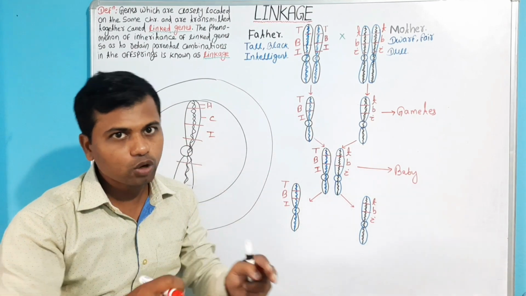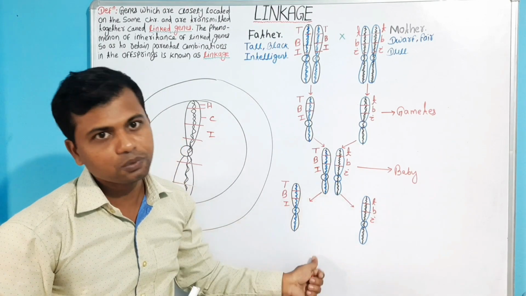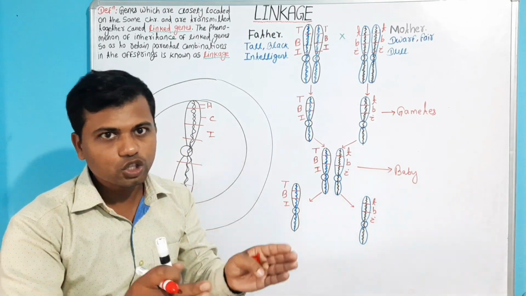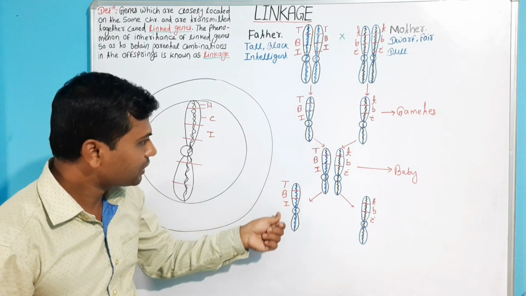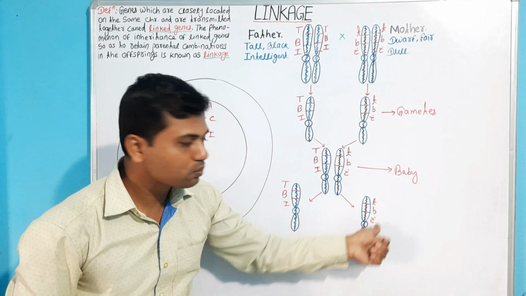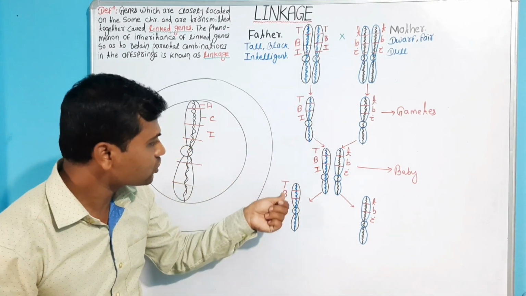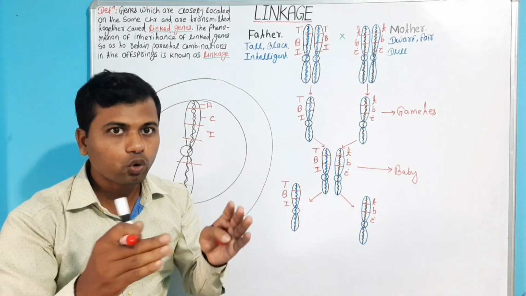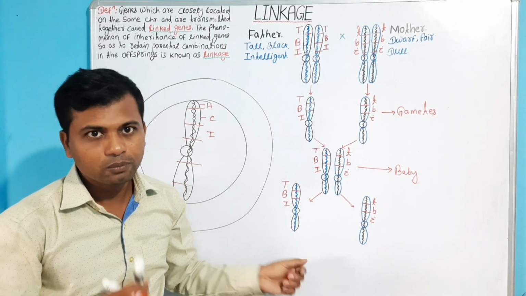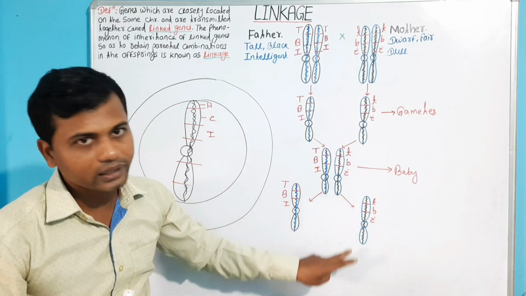And when this baby grows up and reproduces, if this baby transfers the parental combinations of alleles to the offspring, capital T, capital B, capital I, and small t, small b, small i, we can say that the gene for height, gene for color and gene for intelligence, which are present very close together in the chromosome, are transferring together.